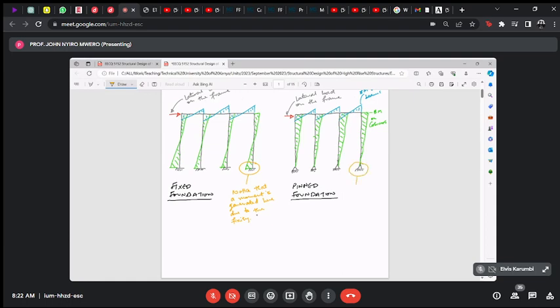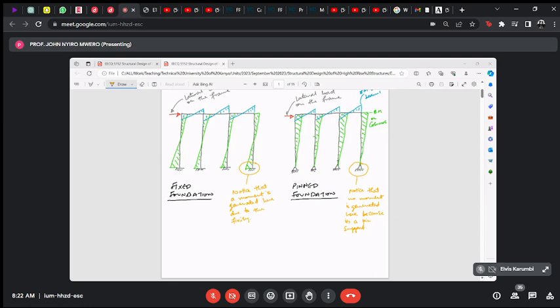You also notice that no moment is generated here because it's a pinned support.